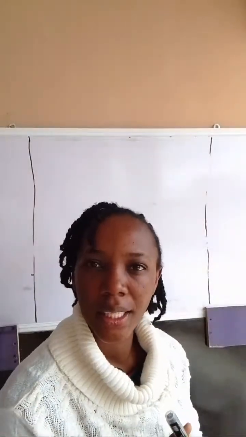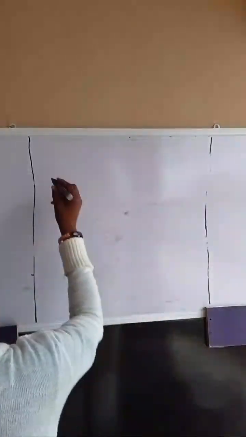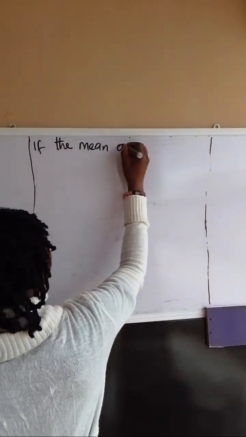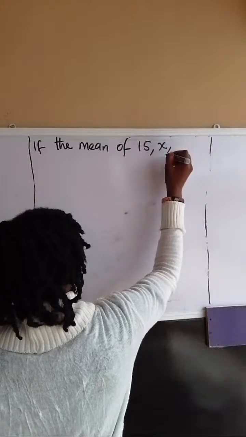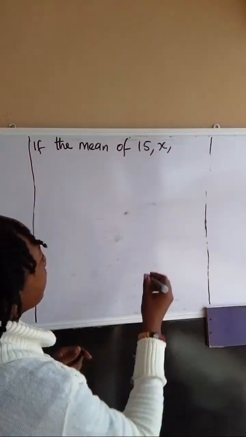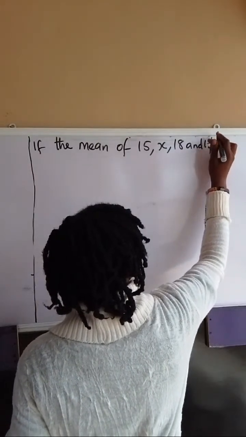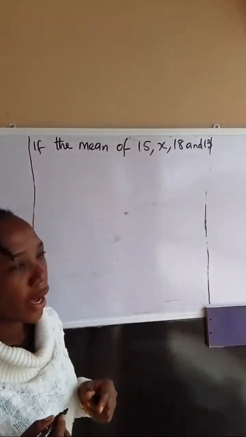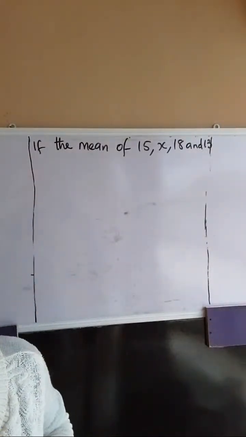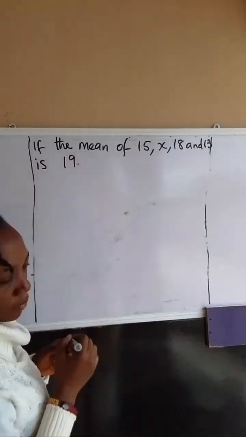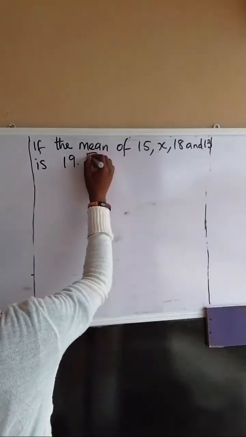Okay? So if the mean of 15, x, 18, and 13 is 19, find the median.